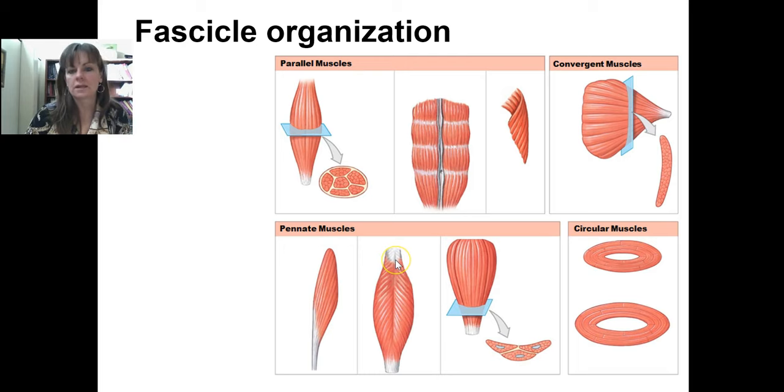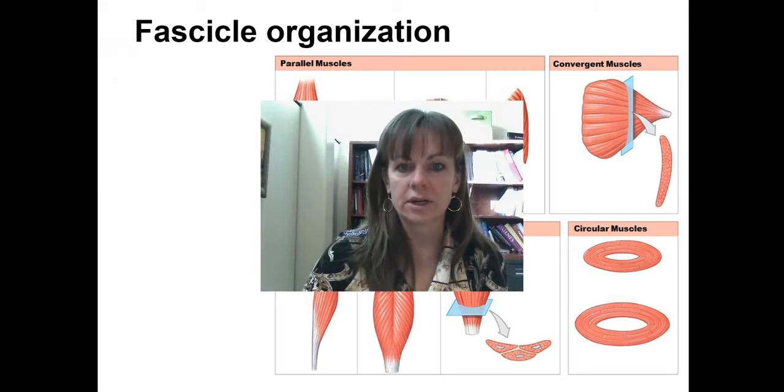And so these are the different ways that fascicles can be arranged. Now, why is this important? What does this do for us? And I'm going to switch back to the larger screen.